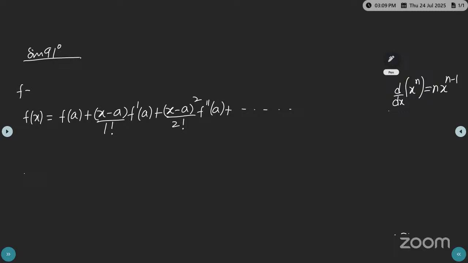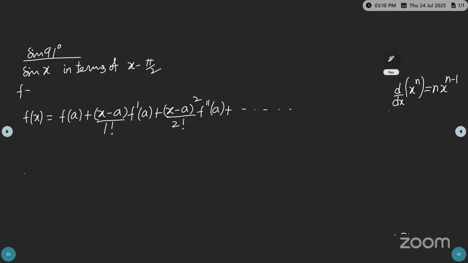Sin 90 is 1. So 90 is nothing but pi by 2 radians. Degrees must be expressed in terms of radians. You have to express sin x in terms of x minus pi by 2, because sin 90 is known to you.